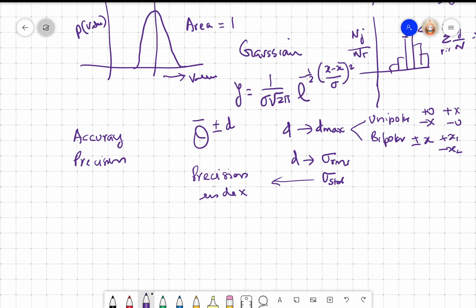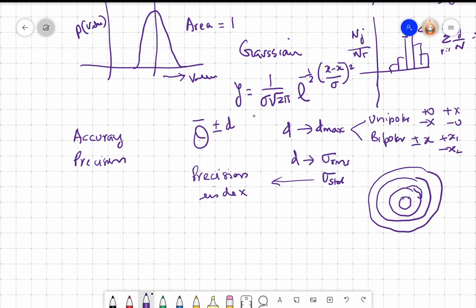So the easy way to understand, if you look at any standard book, is to find an analogy of a dart board game. I don't know how many of you are familiar with dart board. You have concentric circles with different colors and patches, right? This is not just circles, there will be patches here, right?